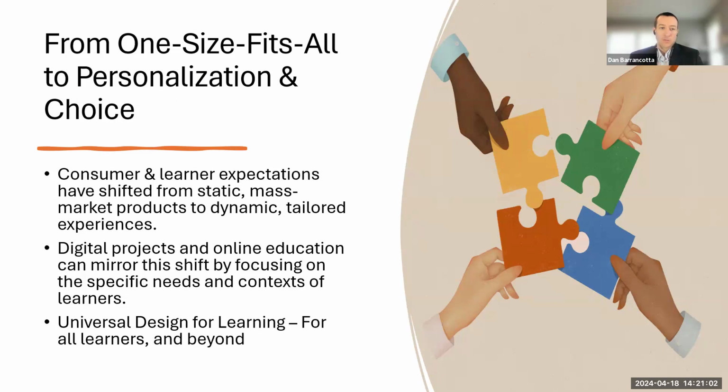I think we've come to expect that from everything that we see and we do. We want things that are agile and dynamic and that are tailored to us and our personal experiences. We want things that matter to us. We want things that are going to be important and specific to our needs, and things that are easy to use, easy to function, easy to operate.